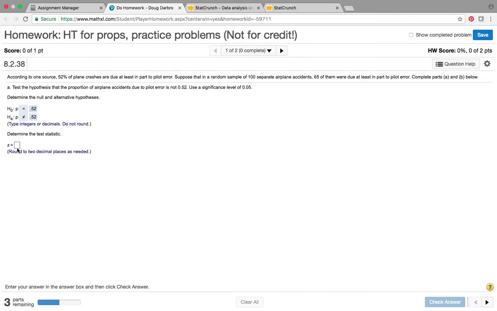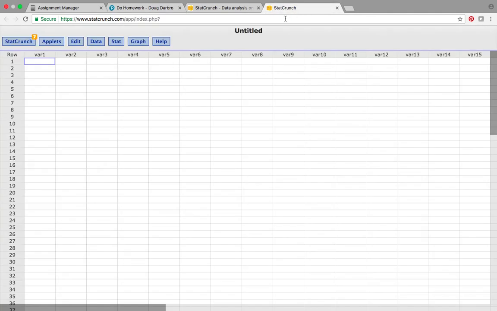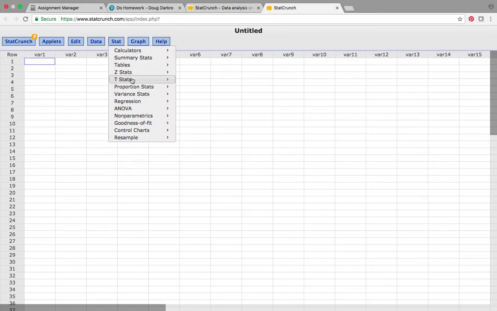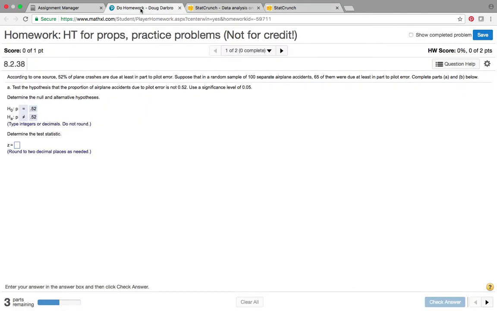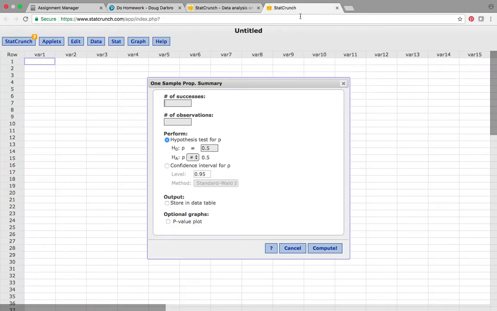Determine the test statistic. Well, I think the easiest way to do this is to use StatCrunch. So I have 65 out of 100, testing 0.52. I'm going to go to stat, proportion stat, one sample with summary. So guys, I've already forgotten. It's crazy. 65 out of 100.